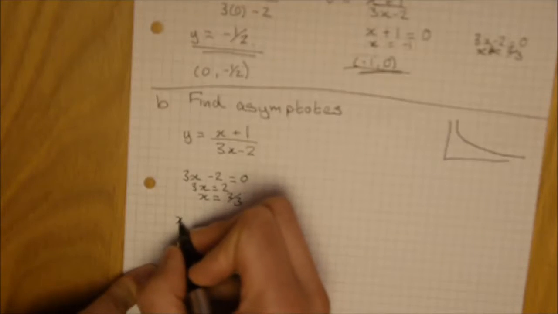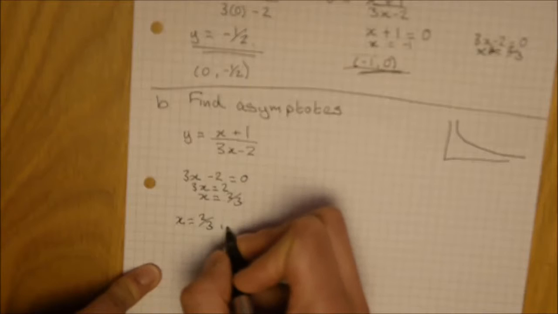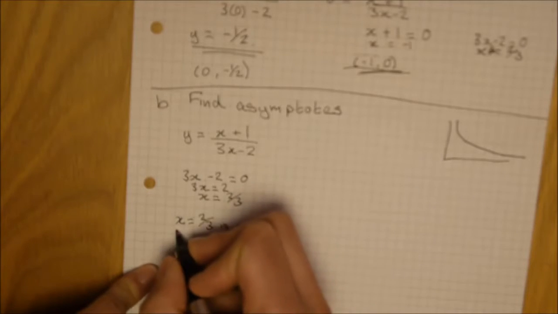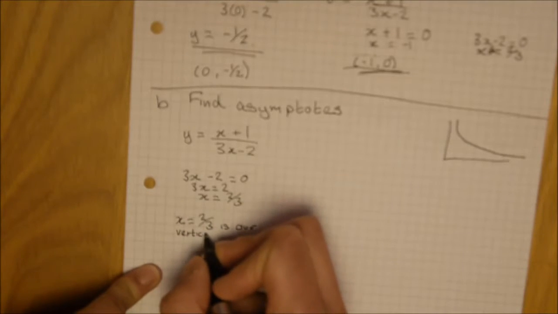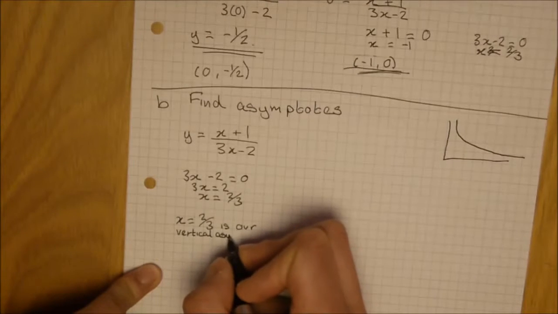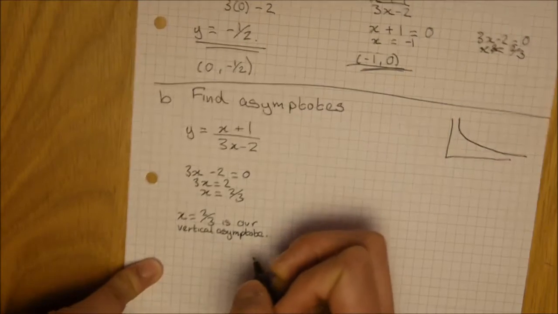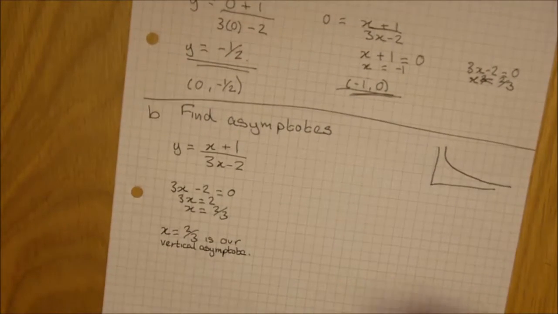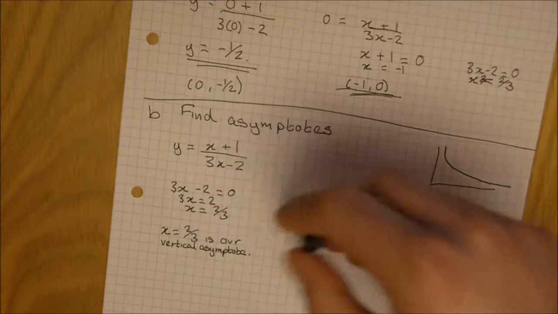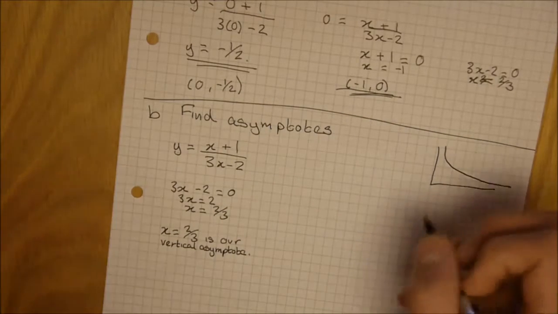The x equals 2/3 is our vertical asymptote. So in order to find the x value of our vertical asymptote, we simply take the denominator, make it equal to 0, and work out our value of x.